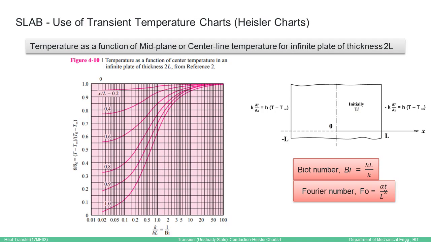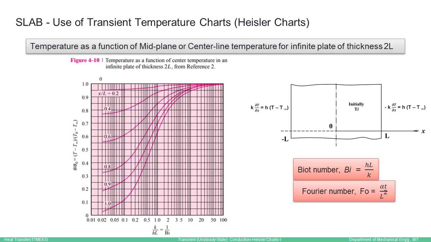The next chart to be used in this case is the temperature as a function of mid plane or centerline temperature for an infinite plate of thickness 2L. Here we are going to find the temperature in the solid slab at a distance from the center line or the mid plane. Let us say x is equal to L by 2, where L is the semi thickness.